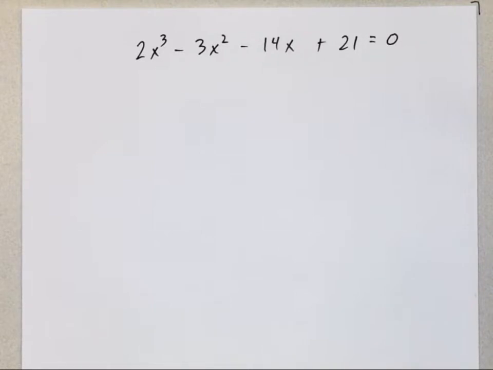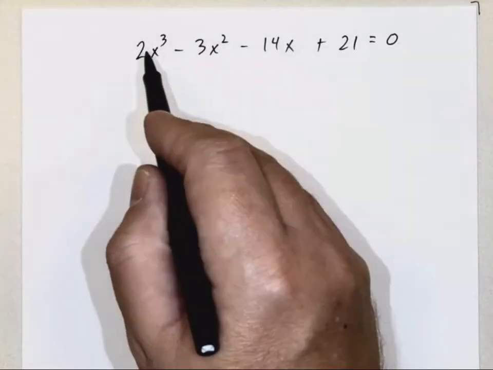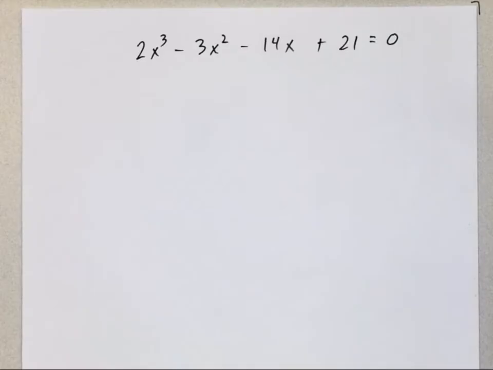There's really two possible ways to try and factor this and solve it. The first way is, if we have 4 terms, there's a method called factor by grouping, which I'm going to try at first. And if factor by grouping works, that's great, because it's definitely the easier way to factor.